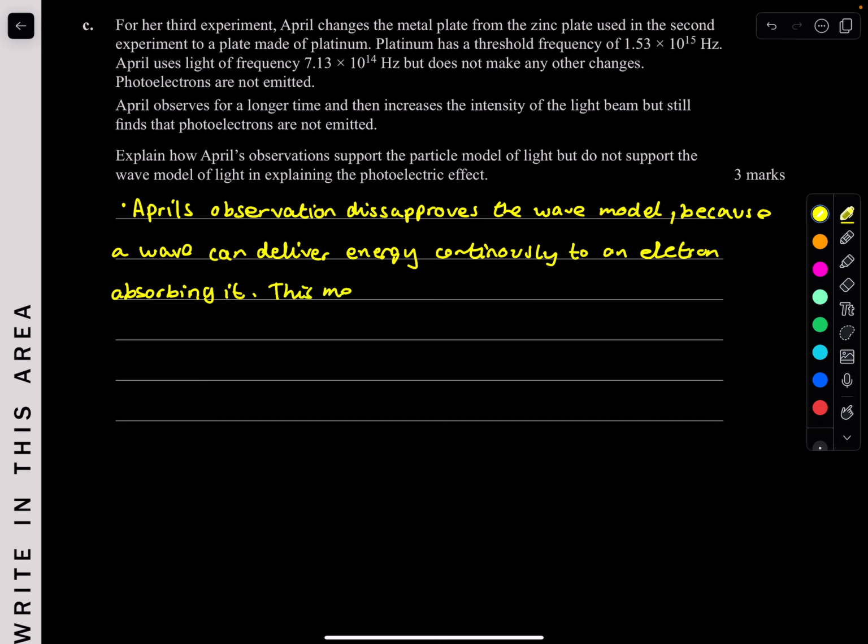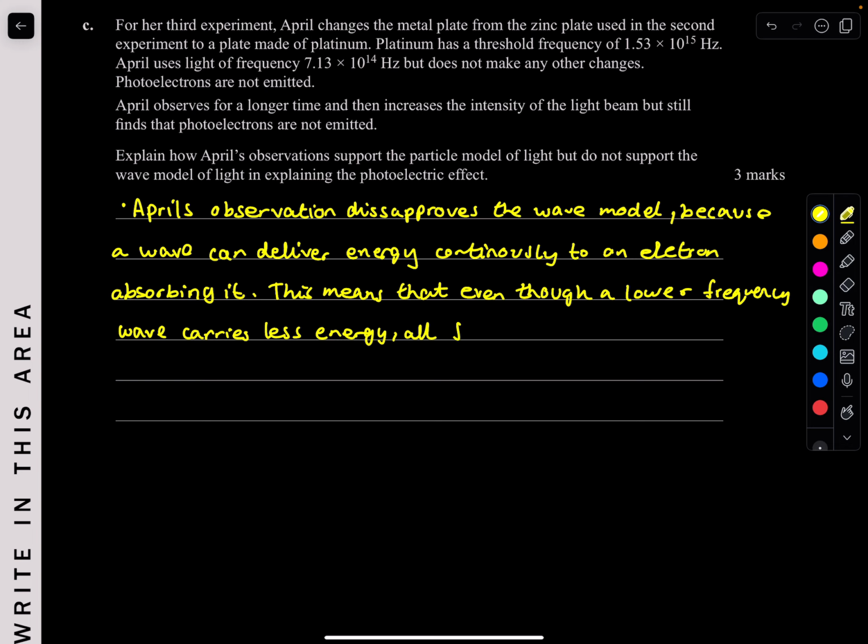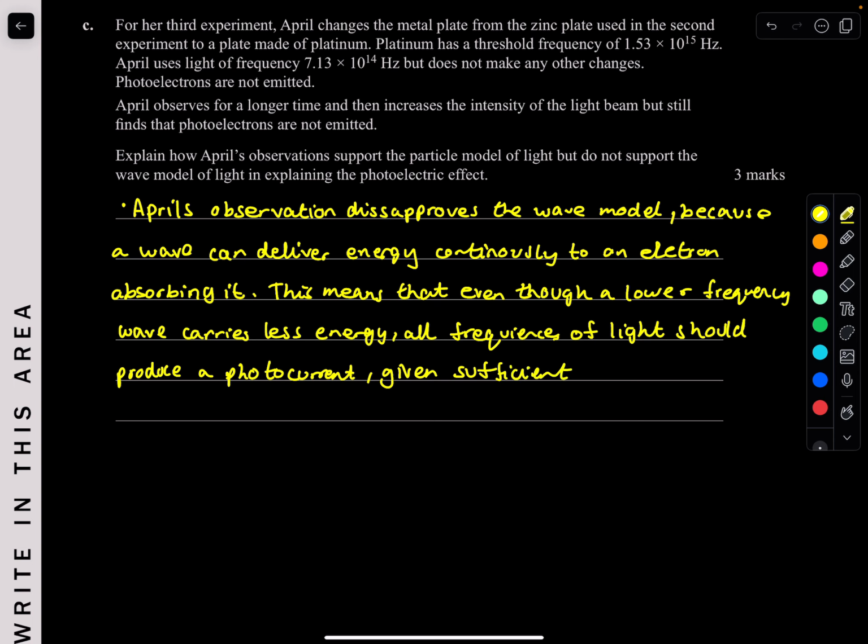This means that even though a lower frequency wave carries less energy, all frequencies of light should produce a photocurrent given sufficient time. That's what the wave model predicts.